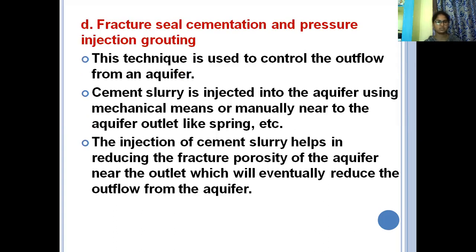And in fracture seal cementation and pressure injection grouting, the injection of cement slurry helps in reducing the fracture porosity of the aquifer near the outlet, which will eventually reduce the outflow from the aquifer. Cement slurry is injected into the aquifer using mechanical means or manually near the aquifer outlet pipe, like a spring.